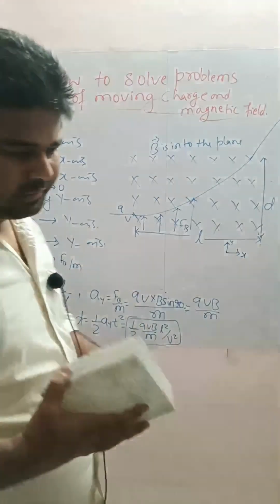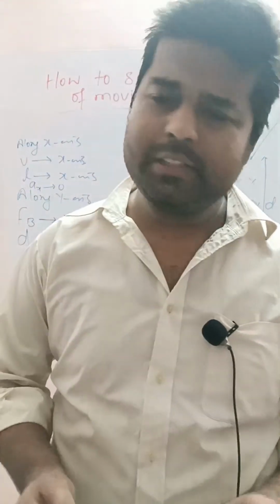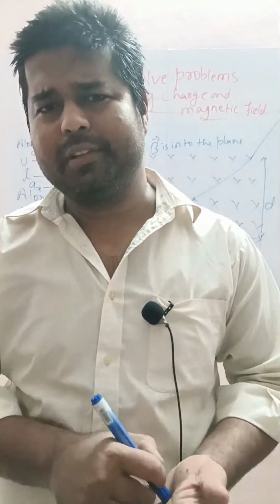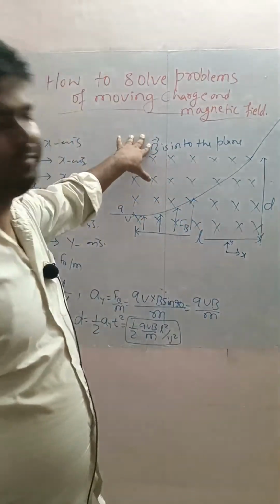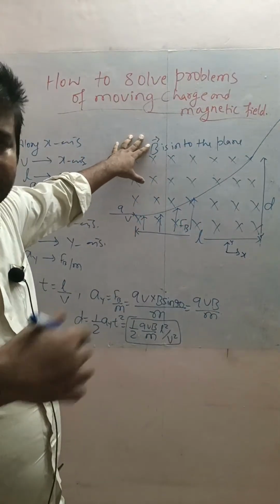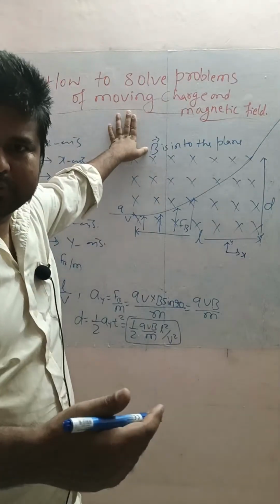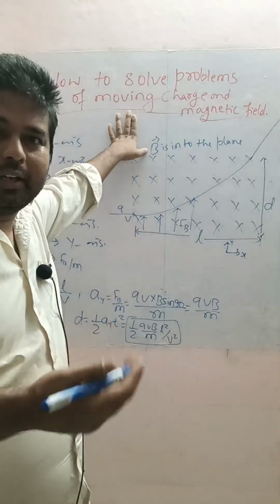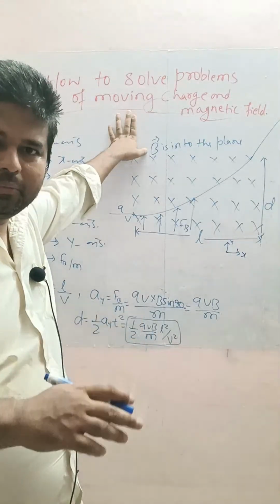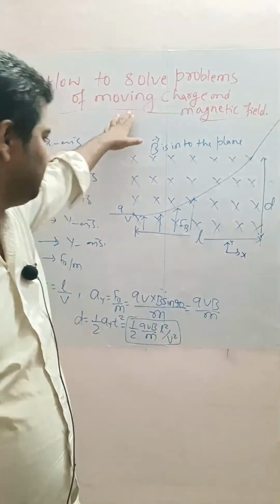For such questions, try to understand the nature of the question. Figure out how many concepts are hidden. This question belongs to the chapter magnetic field and the section of magnetic force. So you have to find the magnetic force. So one concept is here, magnetic force in a magnetic field.